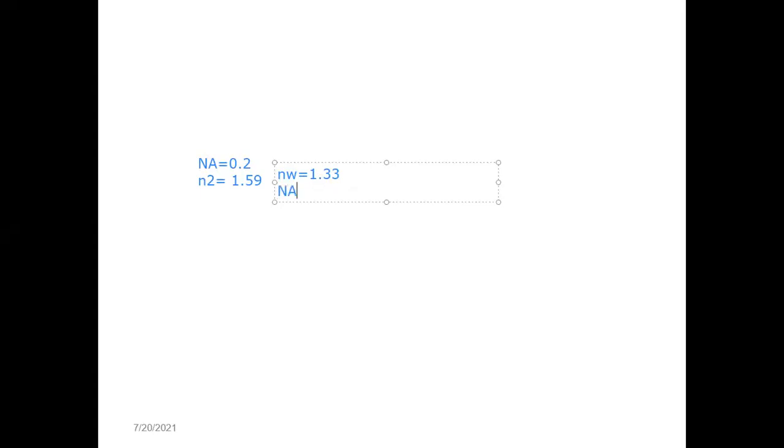So numerical aperture का formula है Na, which is equal to, if I consider the first interface, NW sine theta. थीटा की जगह पे मैं 0 यूज कर रही हूँ, sin theta A. Okay, so your numerical aperture is equal to NW sin theta A. I'm using this variation of the formula.